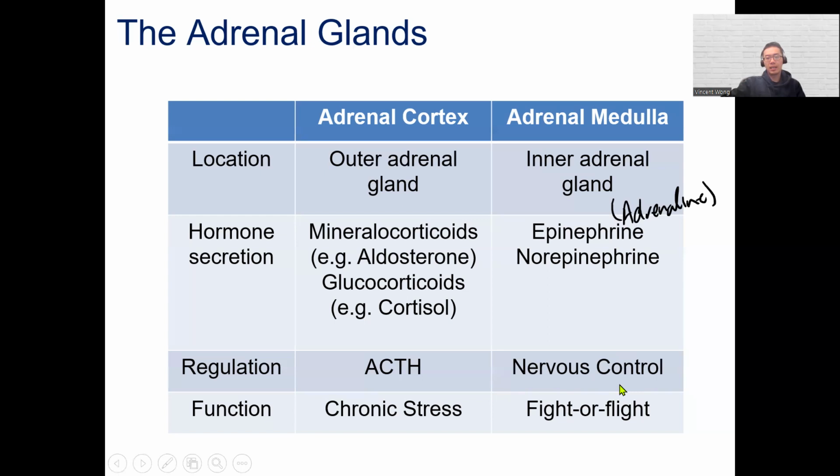And this one is controlled through the sympathetic pathway, right? So that's a nervous control. There's no hormone regulation at all, and that's for the fight or flight response. It's immediate stress, not chronic, not long-term stress. It's immediate threat, short-term stress. Okay.